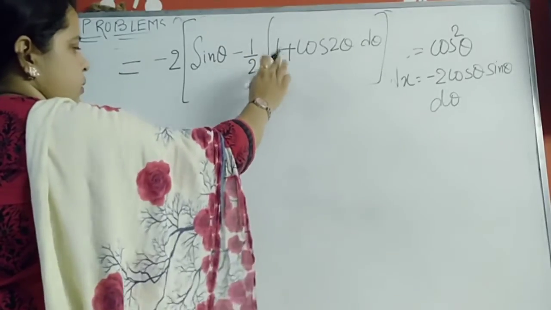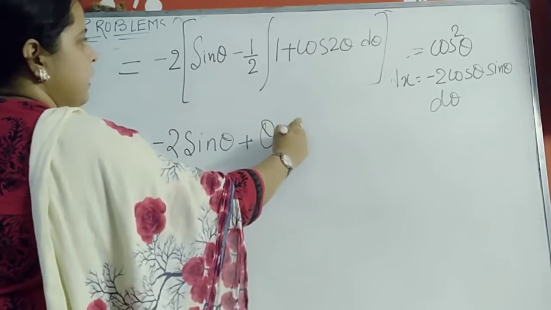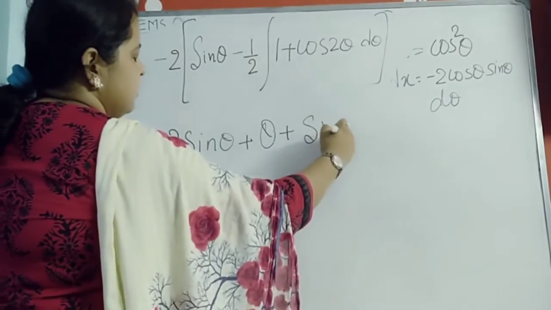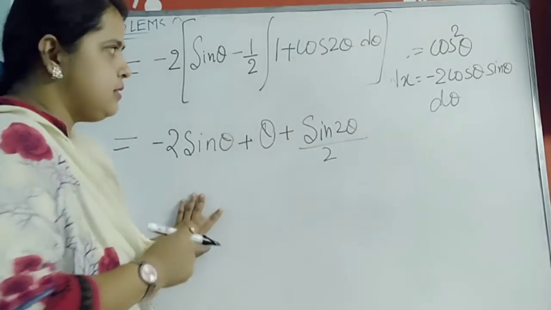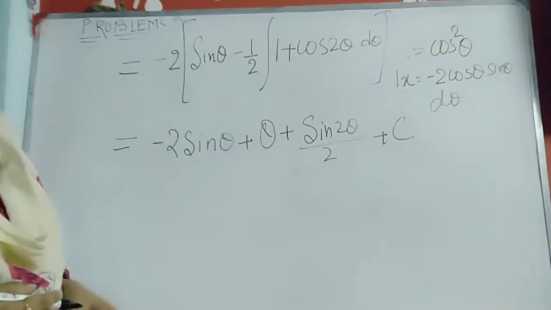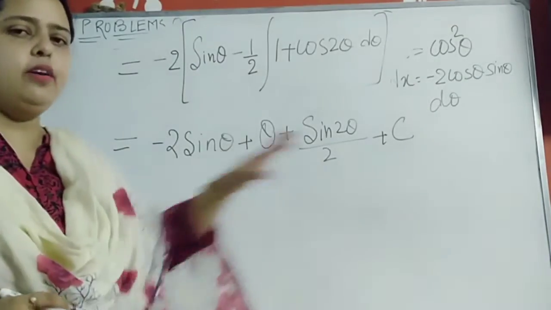So 1. What is the integration of this 1? This is theta. And what is the integration of this cos 2 theta? This is sin 2 theta by 2, because I hope we have made it clear in the last class. So this is plus c.